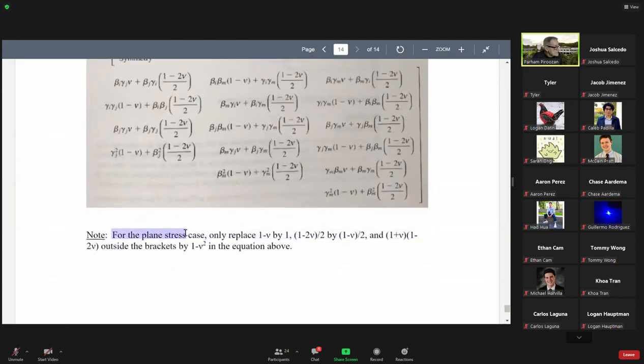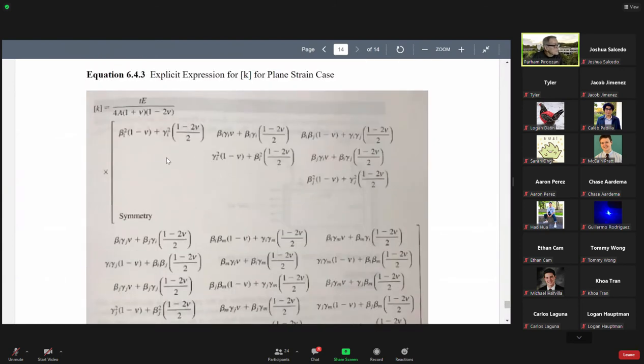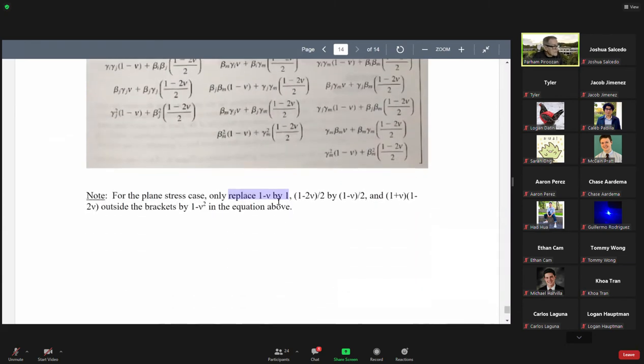For plane stress problems, just replace 1 minus nu by 1. Whenever you see 1 minus nu here, for example, here you see, replace it by 1. Replace 1 minus 2 nu divided by 2 by this.